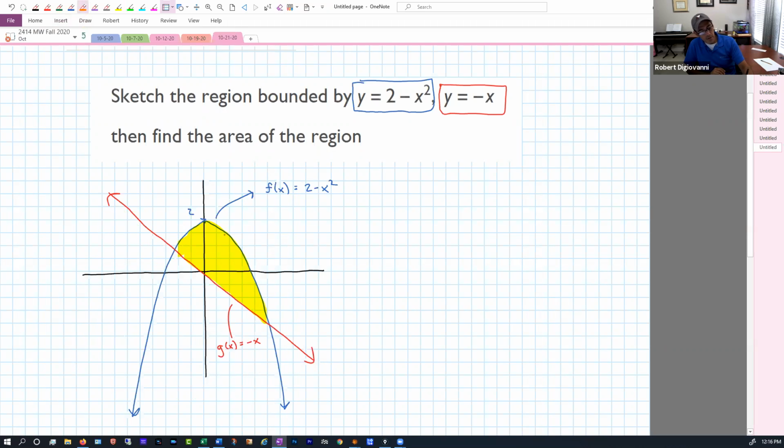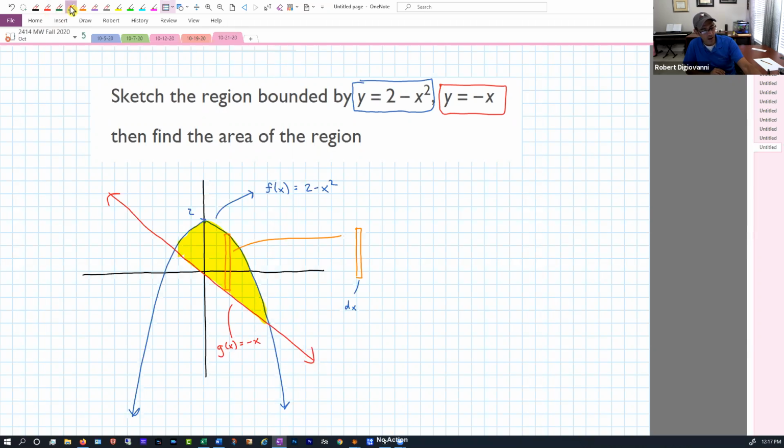So now what I do is I imagine, again, I have a rectangle in here. Now, you might be ready to go right to the formula right now, okay? And that's great, but I'm trying to look ahead for what we're gonna do later on in this chapter. I think it's always useful to understand what's going on here. We have our rectangle. We know that its width is dx. And we know the height of it.